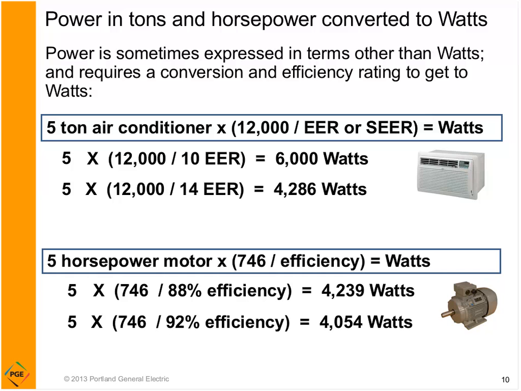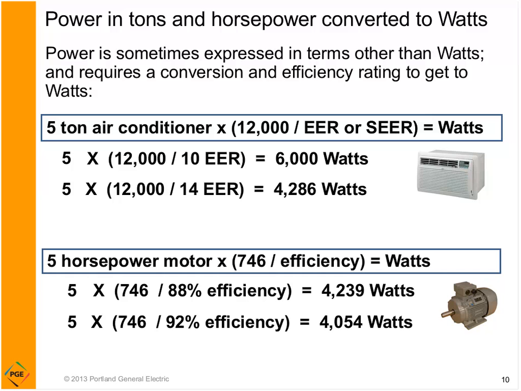One business manager told me they came in and said, wow, boss, we had this 5-ton unit fail on us, and we went out and found a really good deal on a 5-ton unit. Aren't you happy? And the boss knew a little bit and said, what was the efficiency rating?